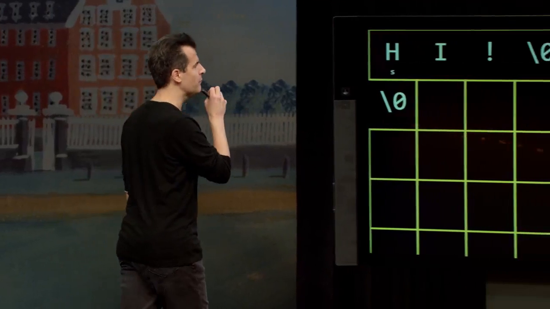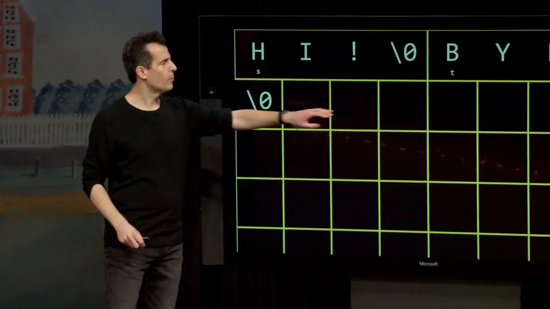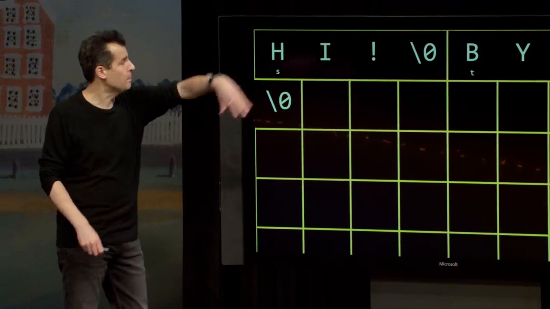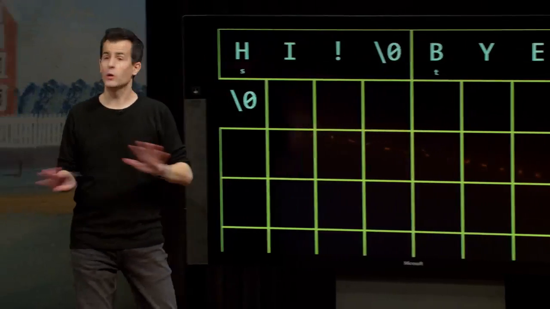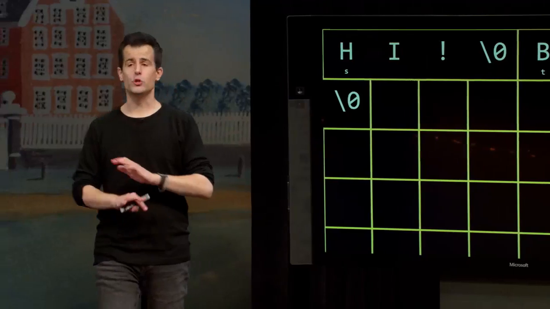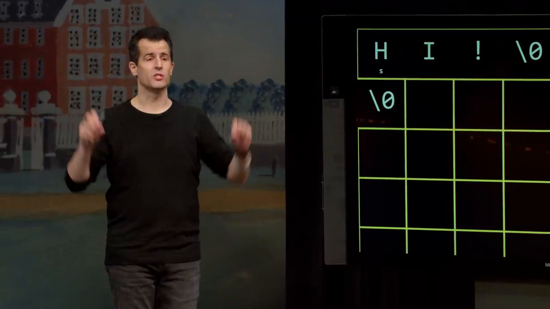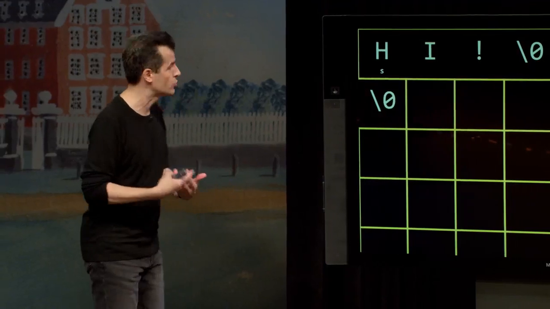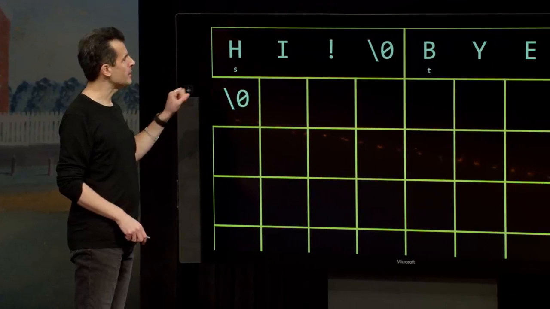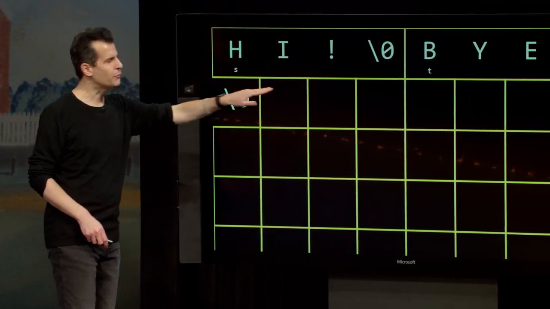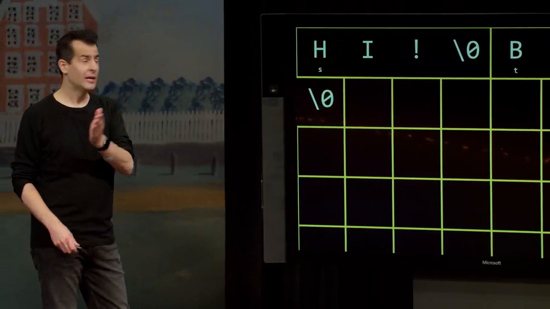So recall that we left off with this picture here, where we had 2 words in the computer's memory, hi and bye, both with exclamation points, but also both with these \0s that you and I do not put there explicitly. They just happen for you anytime you use the double quotes and anytime you use the getString function. So once we have those in memory, you can think of them as s and t respectively, but a string, s or t, is just an array.